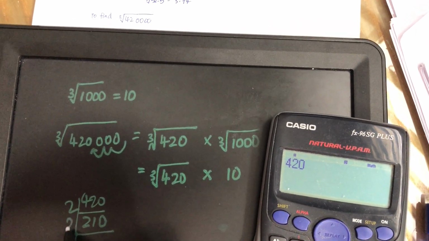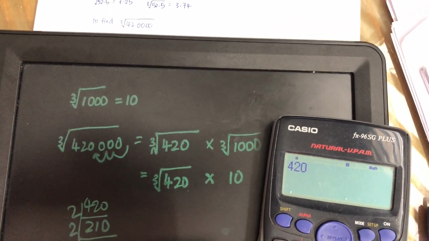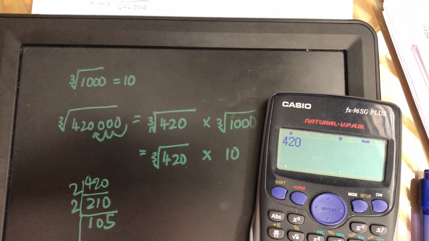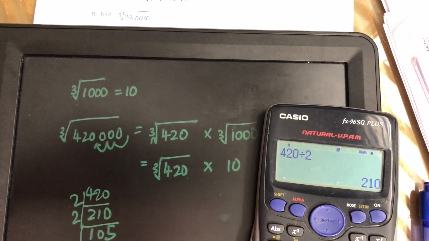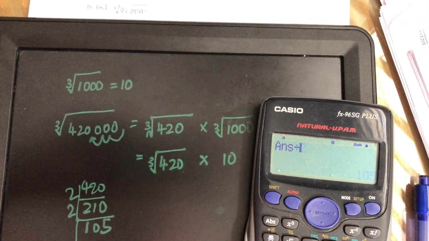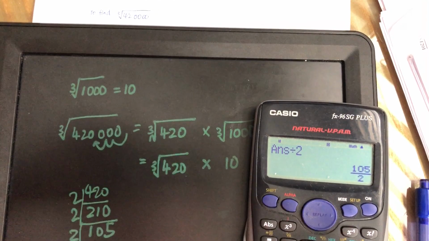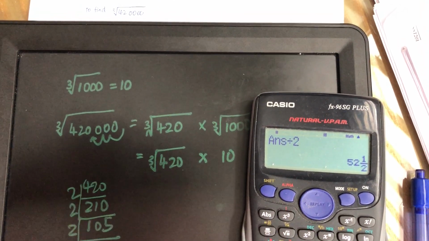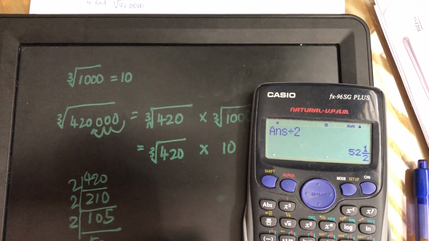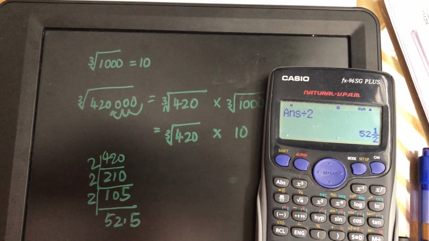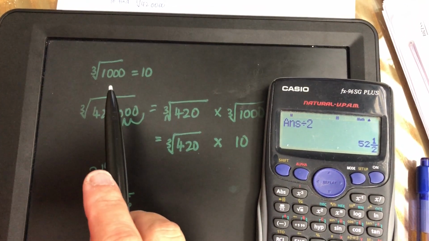We divide by 2 again, and then we get 105. And now we try one more time. And this time we get 52.5. Well, does this look like something we have up here?